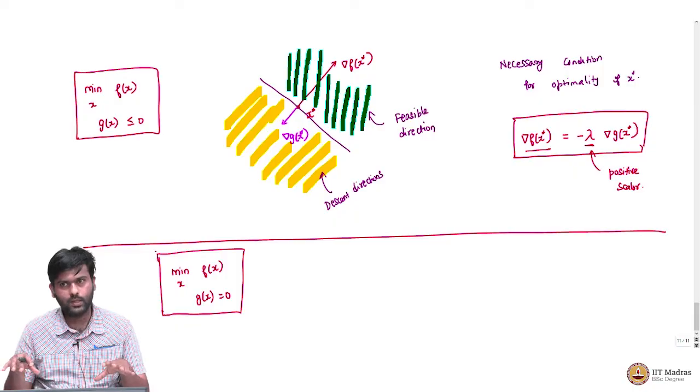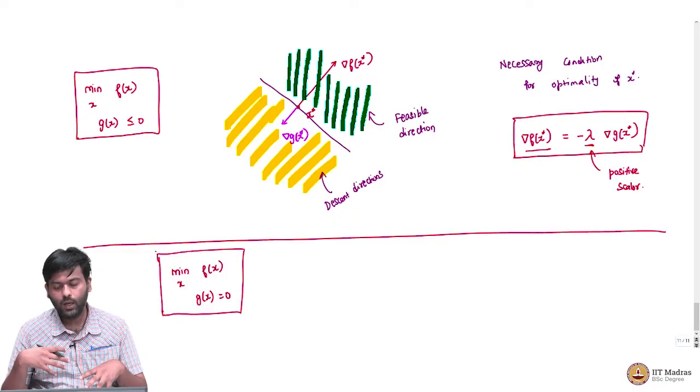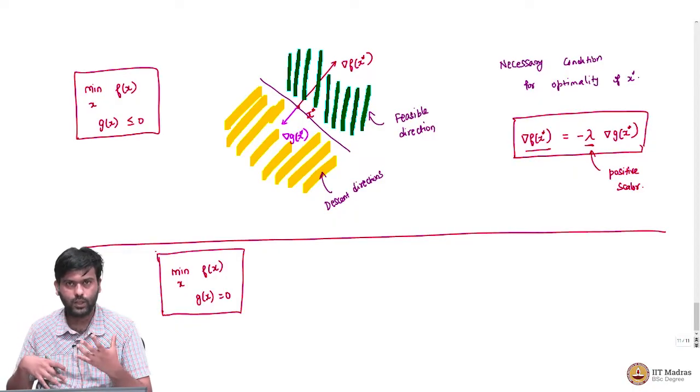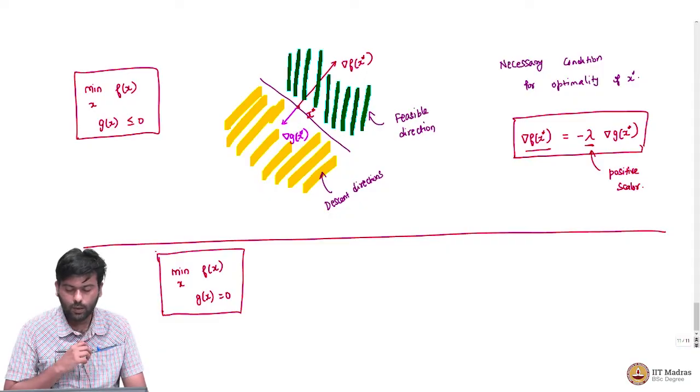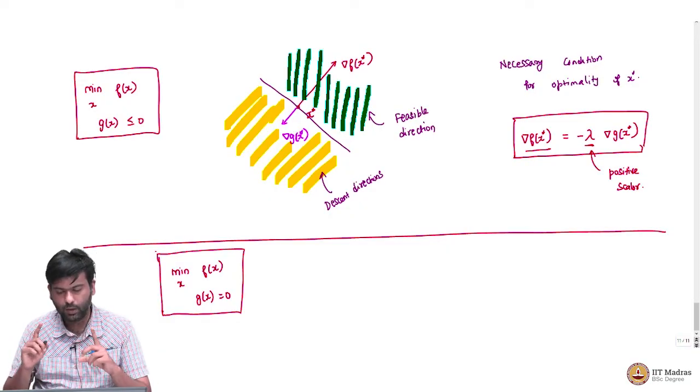So, we can go over the same kind of argument to see when there will be a descent direction which is also feasible. But we just have to be careful where the feasible directions are. This is again an intuitive picture.